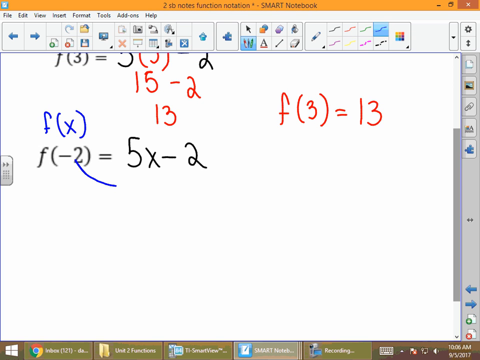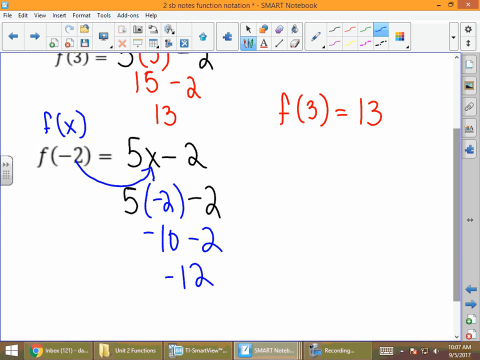So we're going to put negative 2 back in here for x. So now it's going to be 5 times negative 2 minus 2. And 5 times negative 2 is negative 10 minus 2, which is negative 12. And once again, if we want to get really technical, then f of negative 2 equals negative 12.